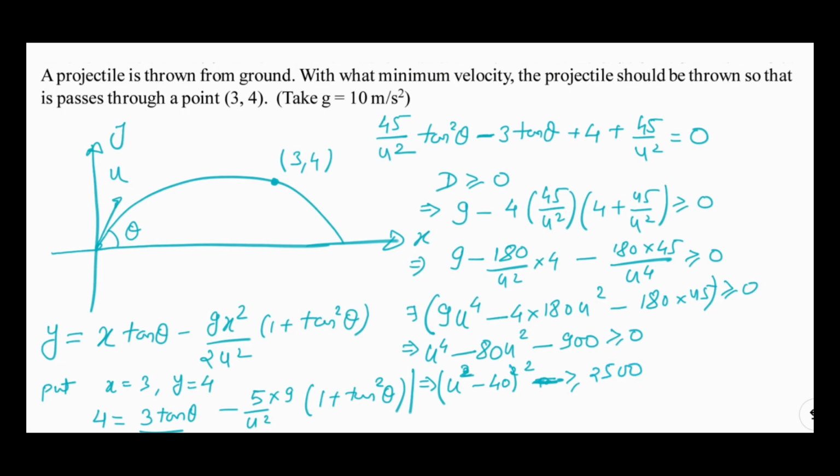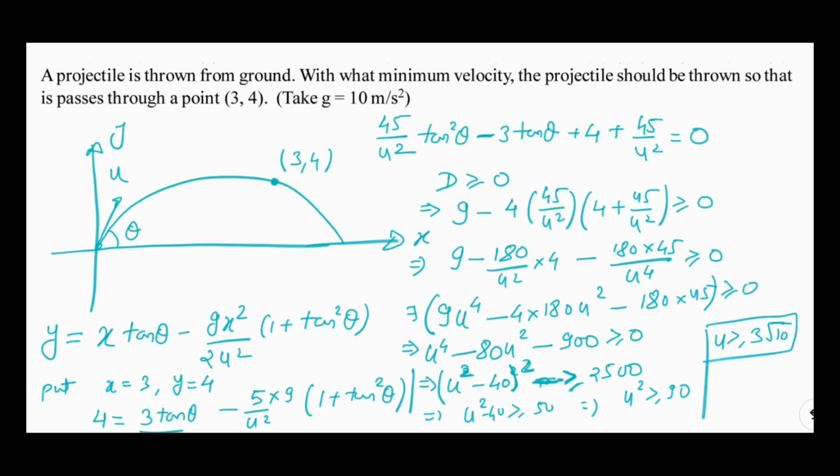So u square minus 40, the whole square, needs to be greater than or equal to 2500 in order that this quadratic equation gives real roots. I can further solve it: u square minus 40 greater than or equal to 50, or u square greater than or equal to 90. So this is a condition on the initial velocity that u is greater than or equal to root 90. Root 90 is 3 root 10.